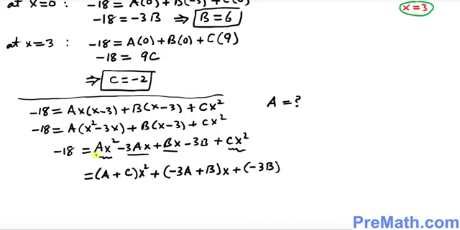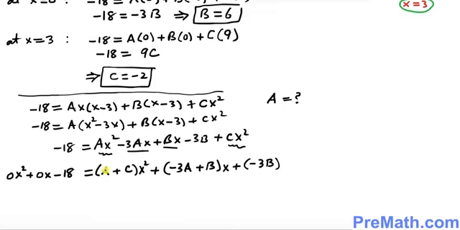Okay, so we got this, and here we have ax square and x missing. I can write 0x square plus 0x minus 18, and now we're gonna be equating the coefficients of x square, x, and the constants.